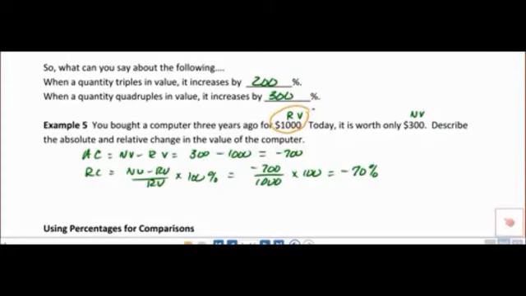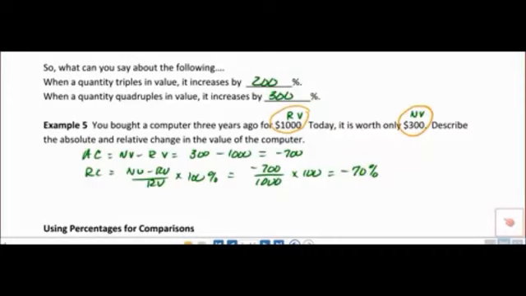Today, it's worth $300. That's my new value. So once I've made that decision, I just need to plug those into the formula. So the absolute change is new value minus reference value. 300 minus 1,000, we get negative 700. Relative change is that new value minus the reference value over the reference value, and we multiply that by 100 to get us a percentage. When we do that, we get a negative 70%.